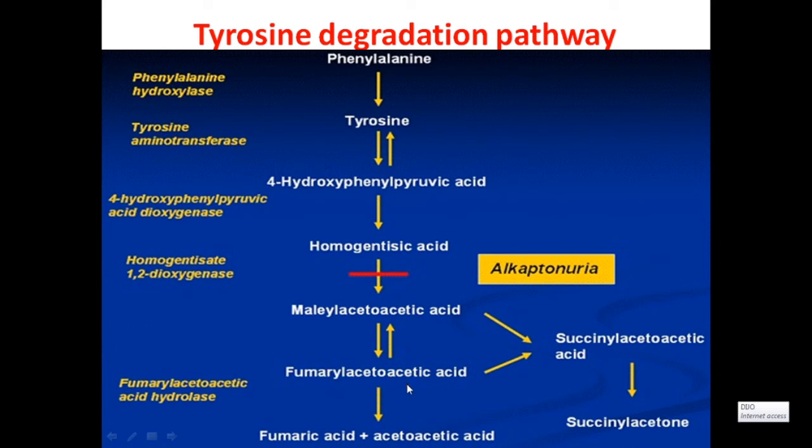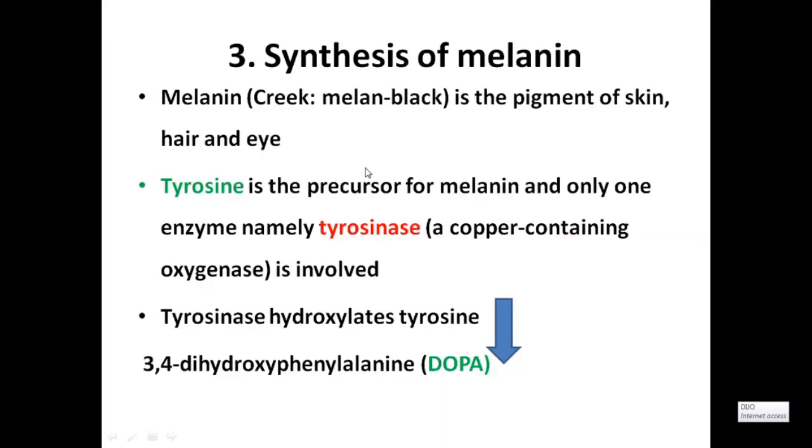Now the fumarylacetoacetic acid is converted into fumaric acid and acetoacetic acid in the presence of fumarylacetoacetic acid hydrolase. This is the formation of the fumaric acid and acetoacetic acid. This is the tyrosine degradation pathway, second step.